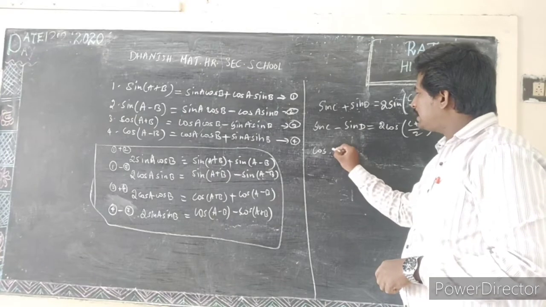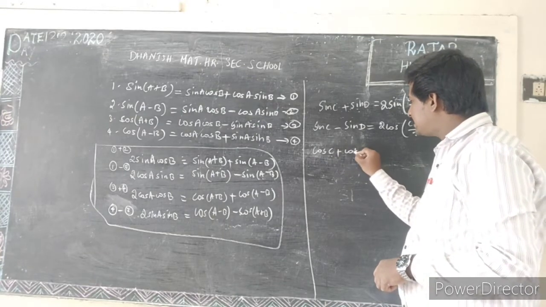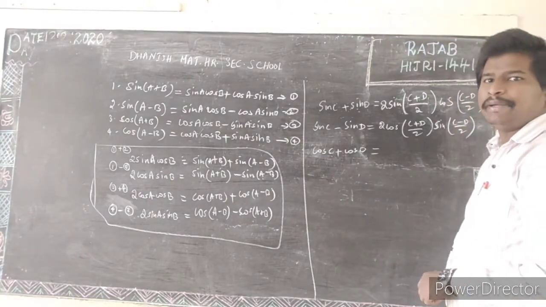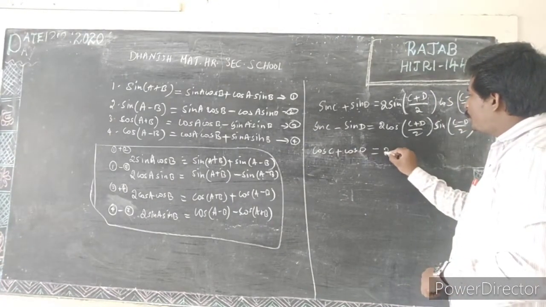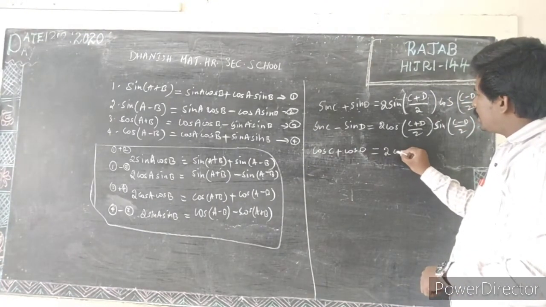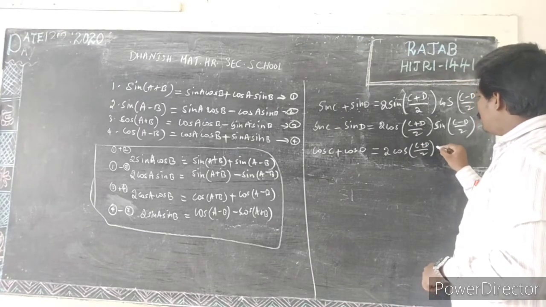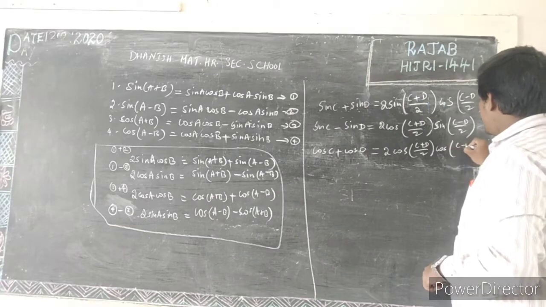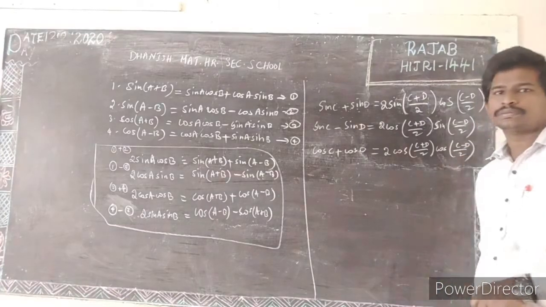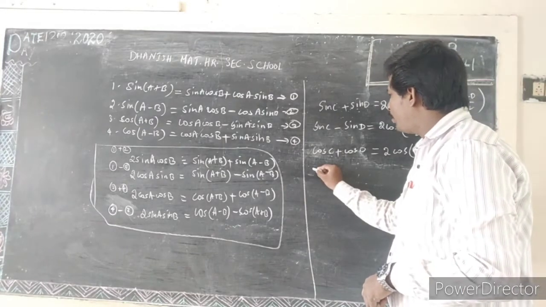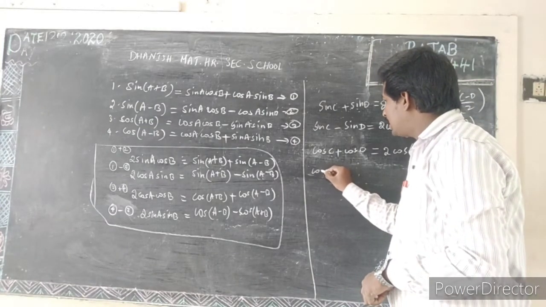Then cos C plus cos D. In this we will have cos C plus cos D can be expressed as 2 cos of C plus D by 2 into cos of C minus D by 2. Now we are having one more formula.